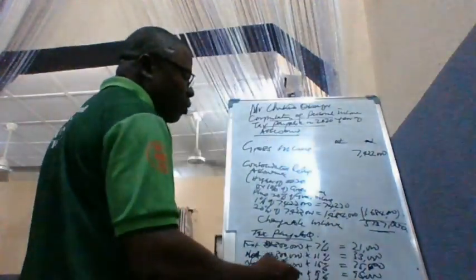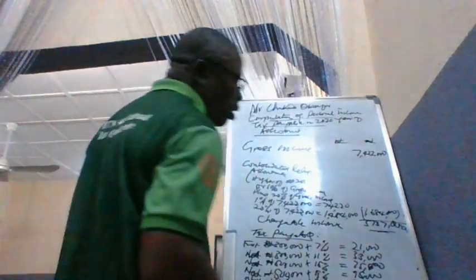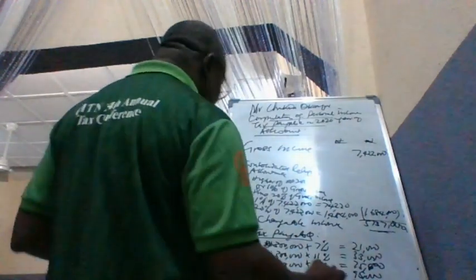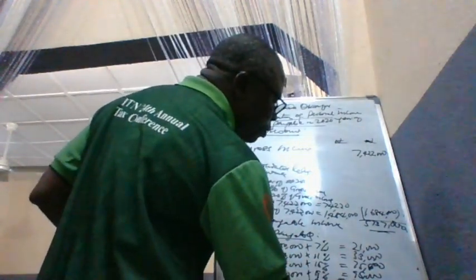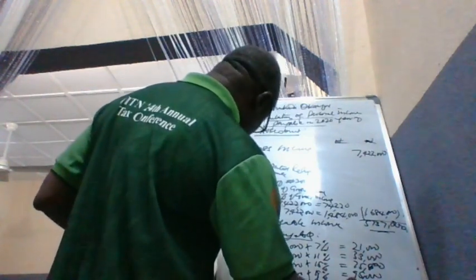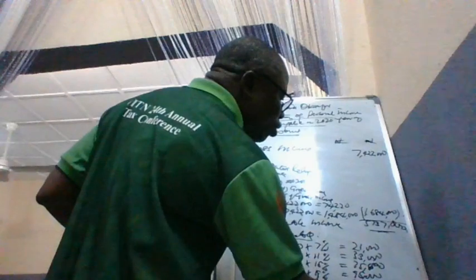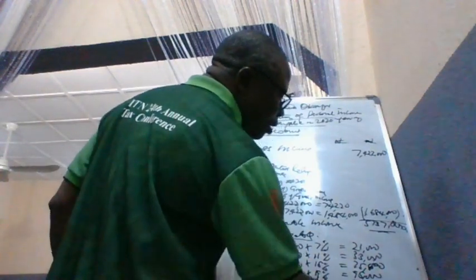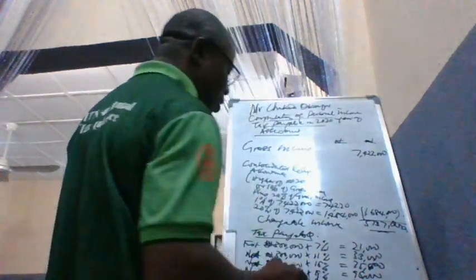If you sum all of this up, you have 1,169,424 naira. So this is the tax.